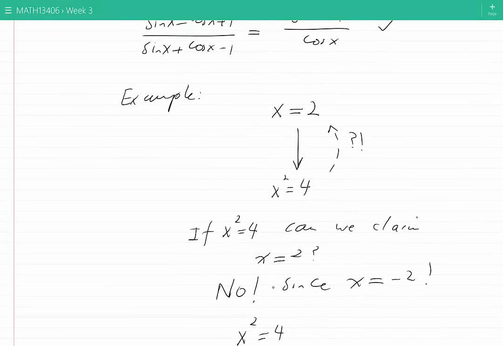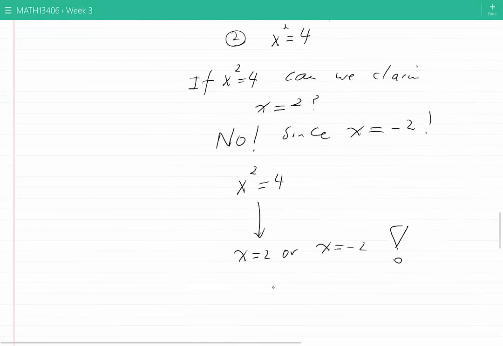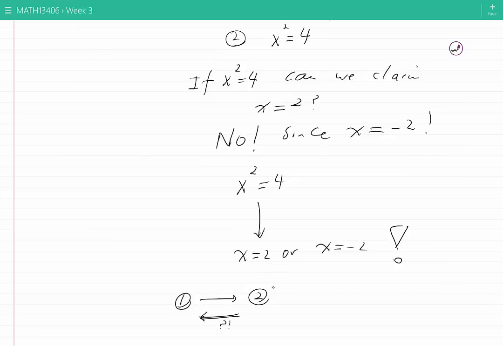If from equation 1 we can get equation 2 by standard algebraic procedures, it does not necessarily imply that from equation 2 we can get equation 1 all the time. From equation 1 you can go to equation 2, but can you go backwards? That is something that we have to verify for every single case.